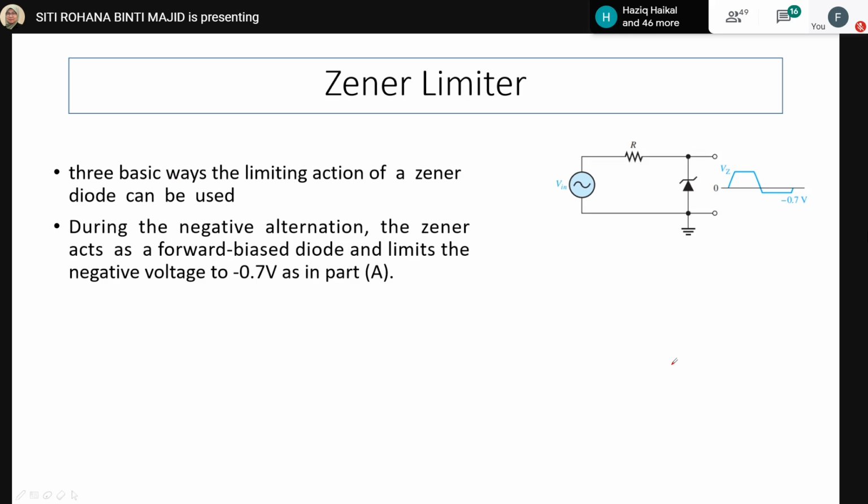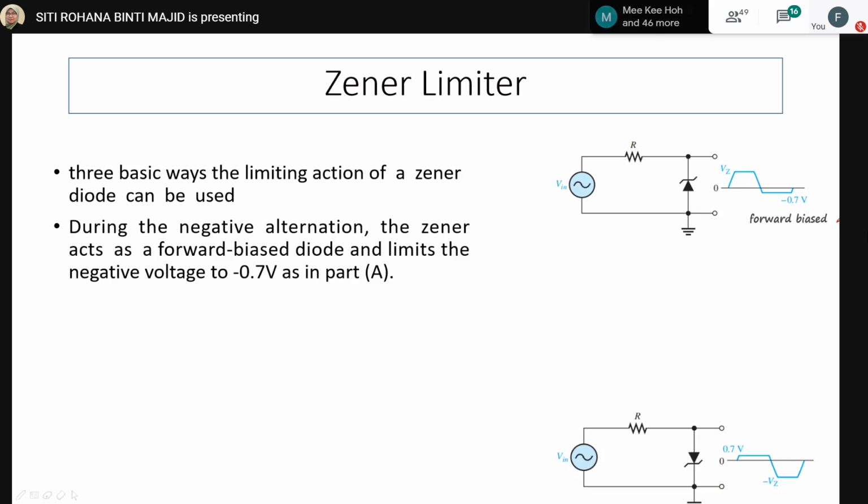The first one is the negative alternation, when the Zener acts as a forward biased diode, and then it can clip the voltage of the negative waveform at negative 0.7 volt.